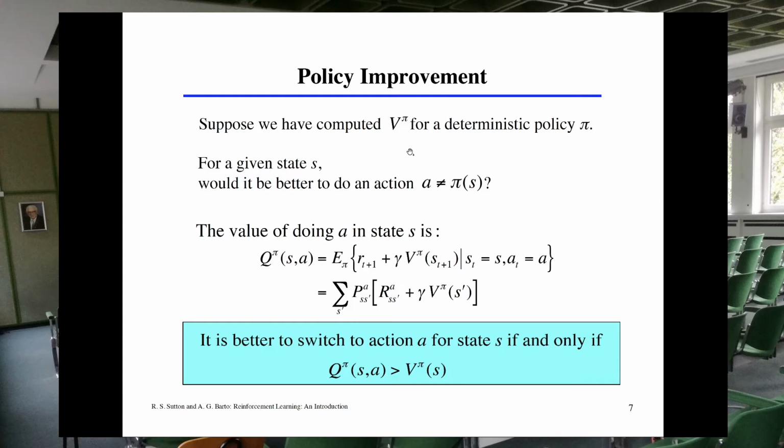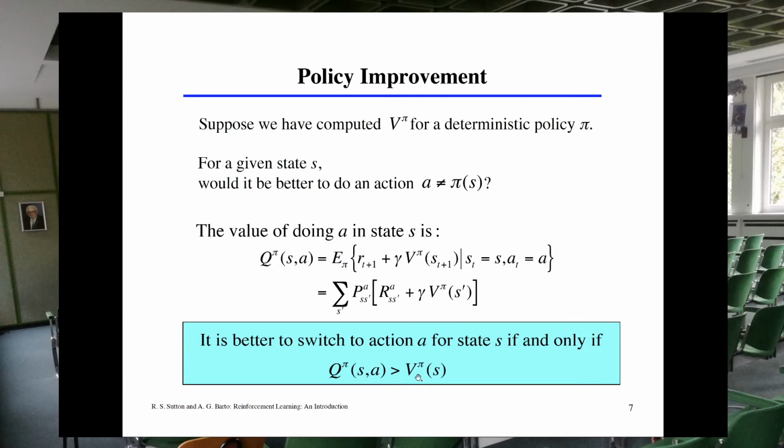So you have some value function like in the previous example, and you take an action that is not the one suggested by your policy. Is that good? So the answer is, it is better to switch to that action if and only if the Q value for that pair of state and action is larger than the value estimated by your current value function.